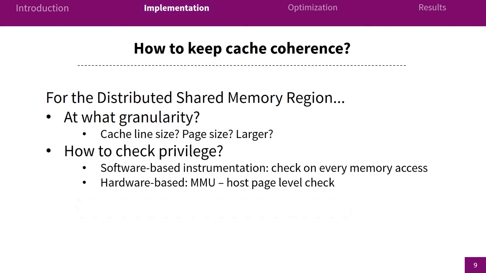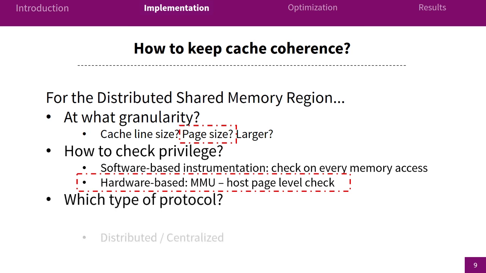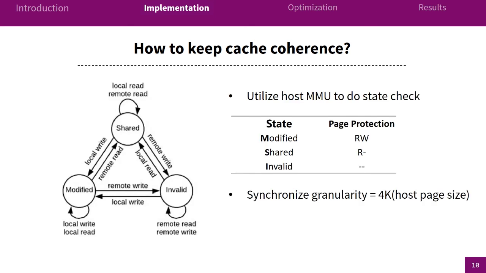So we choose this solution, with page-size granularity, for the cache coherence protocol. We can use distributed or centralized protocols. We first use the centralized MSI protocol to see the performance of such a system. MSI stands for modified, shared, and invalid. Those states correspond to page protections.